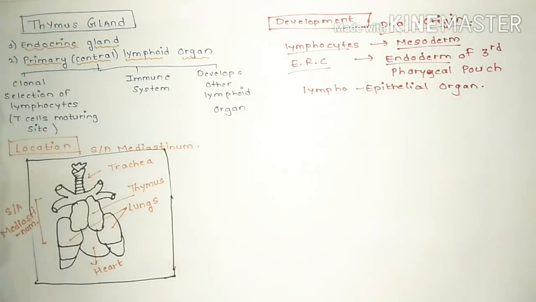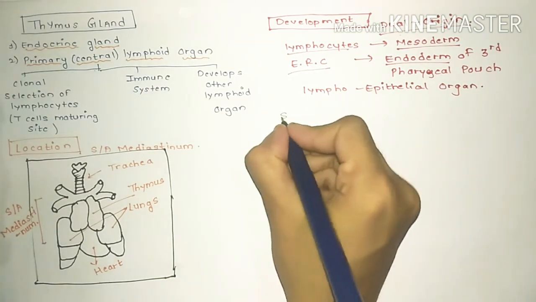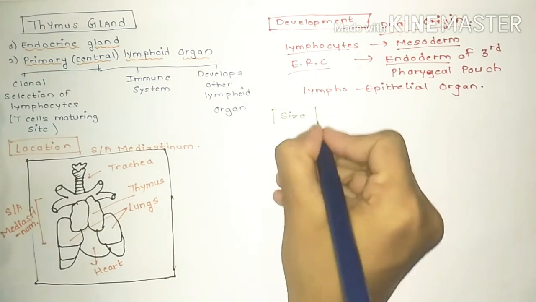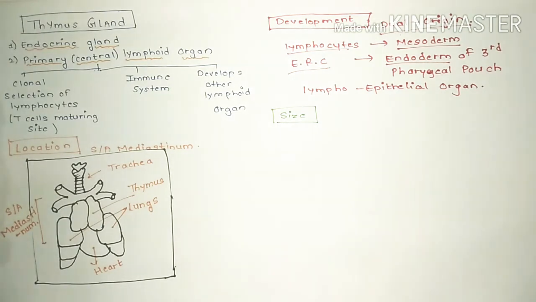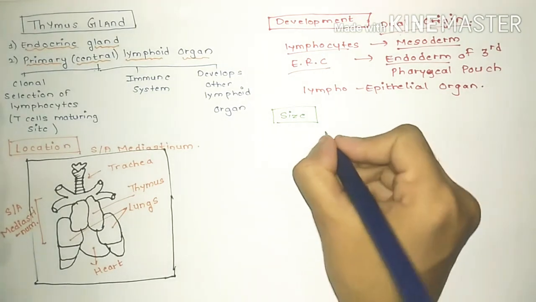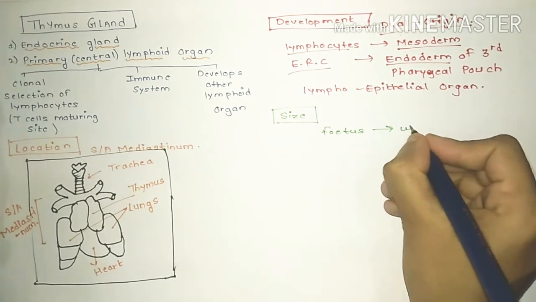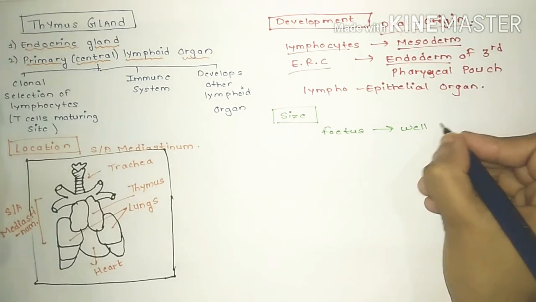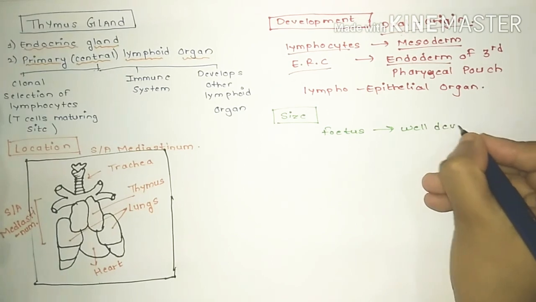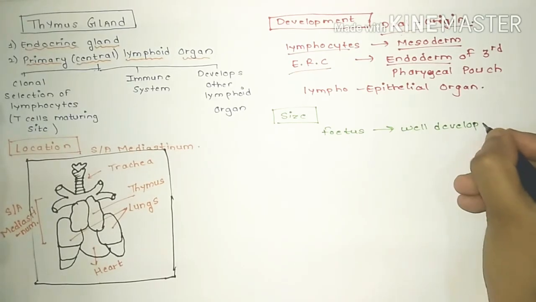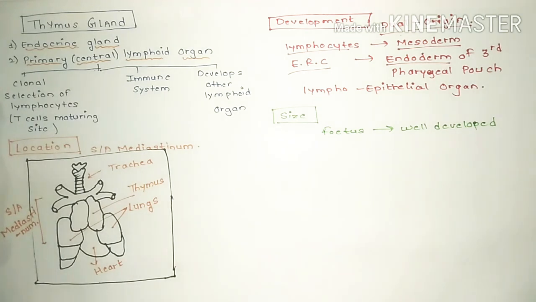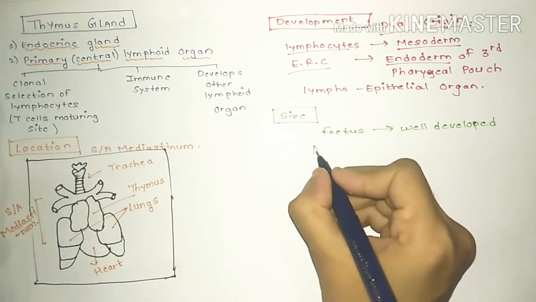Now let's look at the size of thymus. So thymus is well developed and has all its functioning in the fetus. And after that, thymus starts growing and develops its huge size, that is its peak size, at puberty.